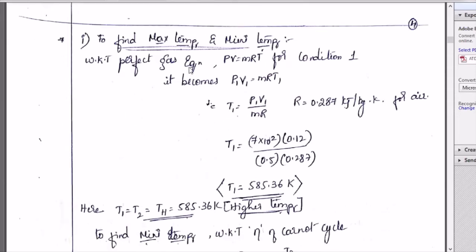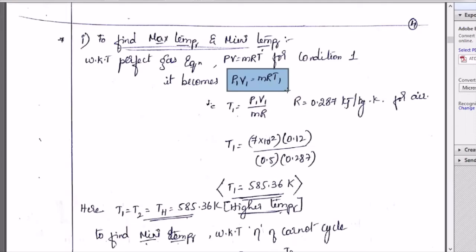So that's why I go for the perfect gas equation. For the first condition, I use P1 V1 is equal to m R T1. Not only for this, for this complete chapter, you can use this, because this complete chapter is on gas power cycles.